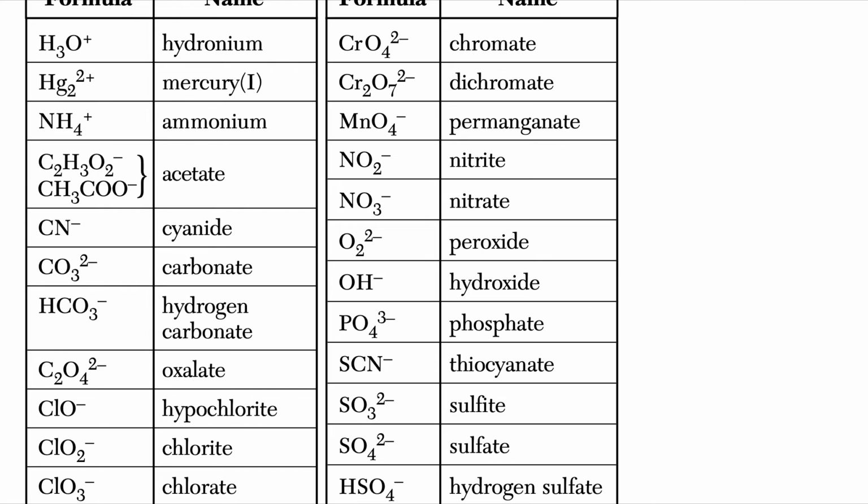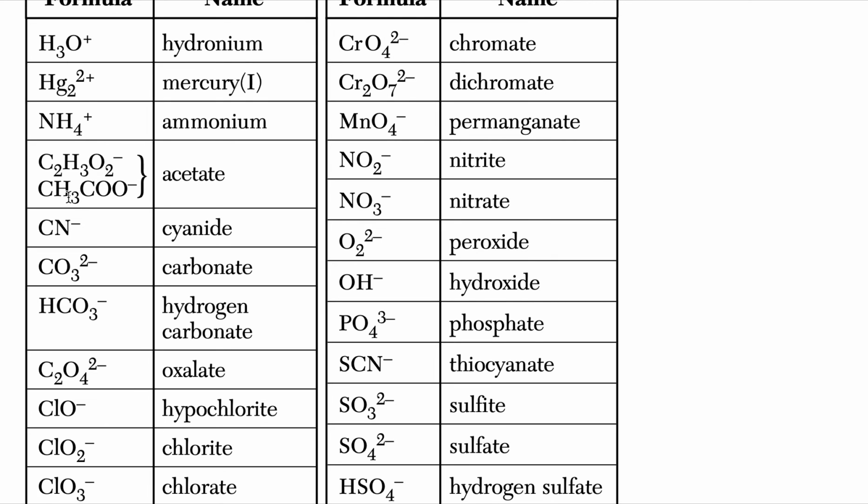So these will be combined with hydrogen. So if you look at, I think we were looking at acetic acid, and it's not here. Well, we have acetic acid in the other table, but we have acetate, and acetic acid is what we have when we have acetate and then the additional hydrogen.